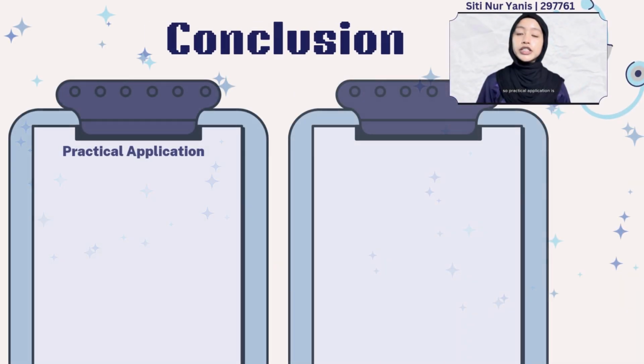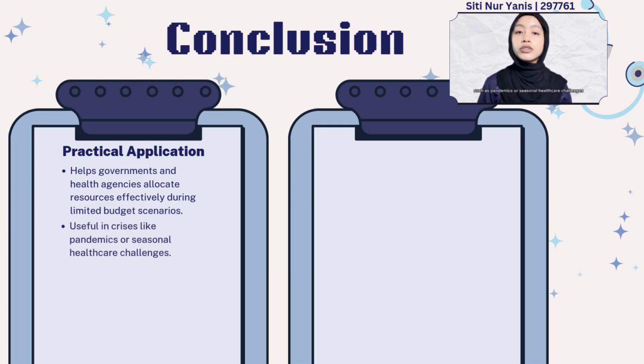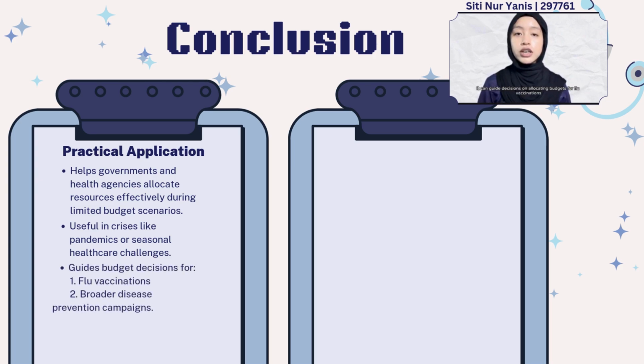The practical application is that this method is invaluable for governments and health agencies during resource-constrained scenarios, such as pandemics or seasonal healthcare challenges. For instance, it can guide decisions on allocating budgets for flu vaccinations versus broader disease prevention campaigns, maximizing public health outcomes.